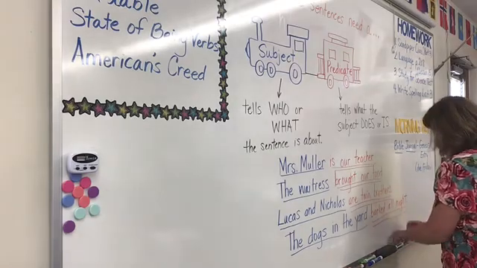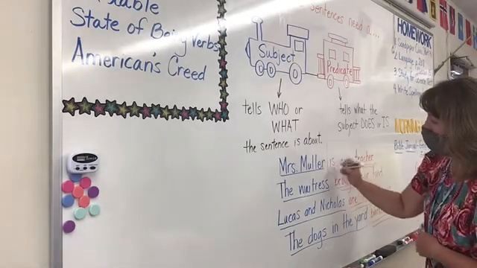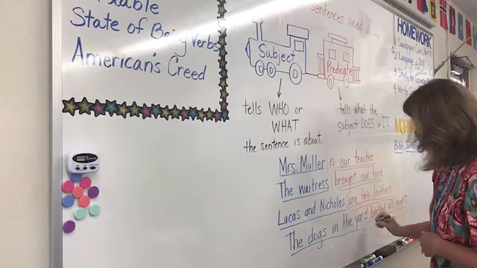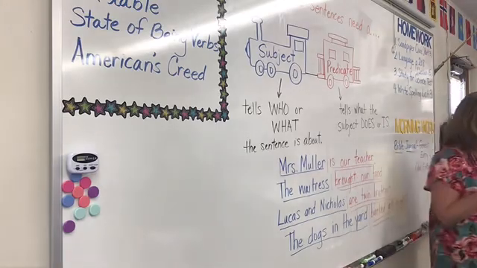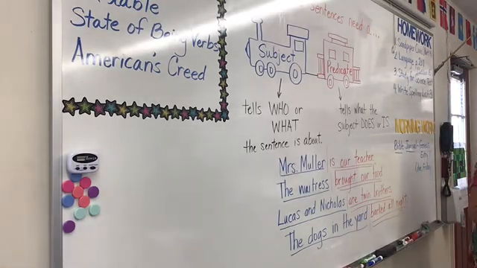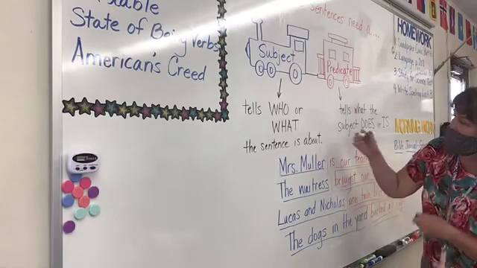And then we can even draw a line to show us where they divide. That's what we're going to do on our paper. It says, draw a line between the subject and the predicate parts of each sentence. So just like I did here.